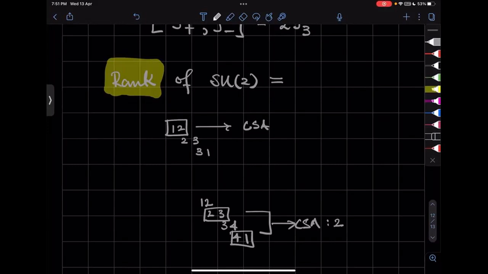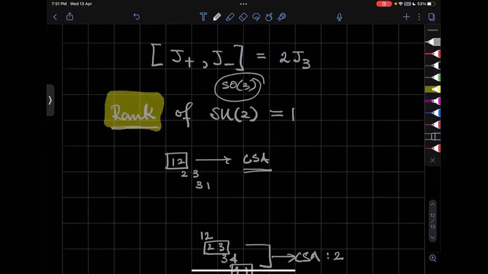But since SU2 is essentially morally equivalent to SO3, the Cartan subalgebra can have only one element. And the dimension of the Cartan subalgebra is what we call rank. And that is 1. Okay? So yeah, good, Fiza.